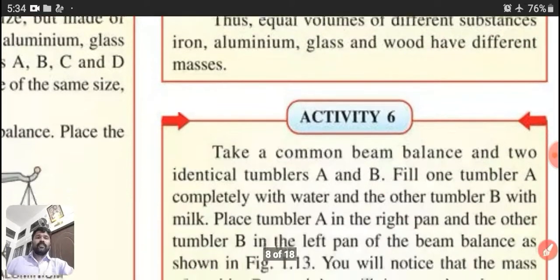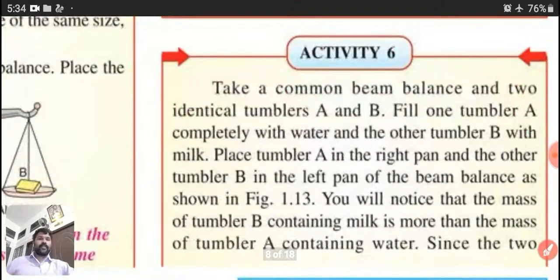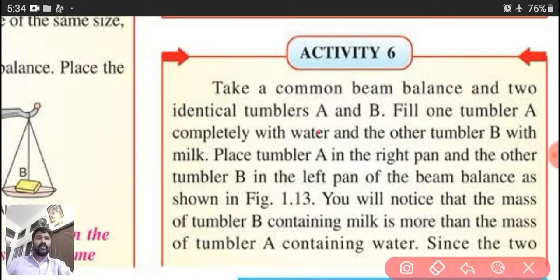Now we will discuss activity 6. Take a common beam balance and two identical tumblers A and B. Fill one tumbler A completely with water and the other tumbler B with milk. Okay, in the first tumbler water, in the second one milk.